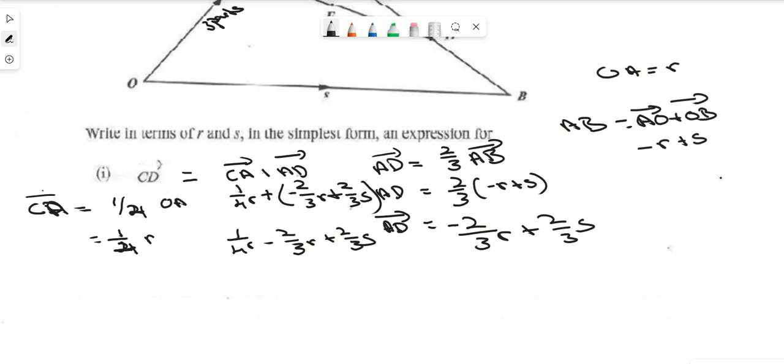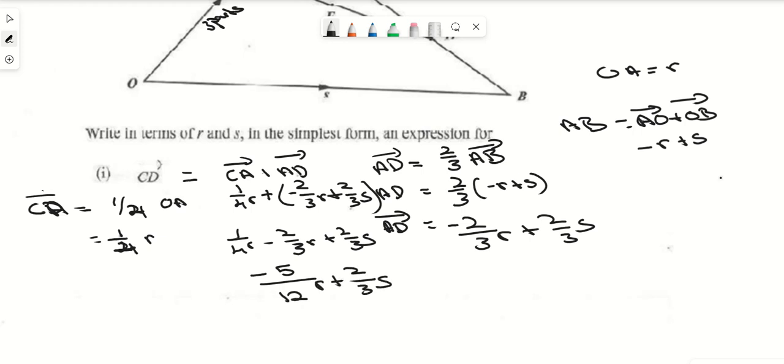You can do this in your calculator. A quarter minus 2/3 is actually equal to minus 5 over 12R plus 2/3S.